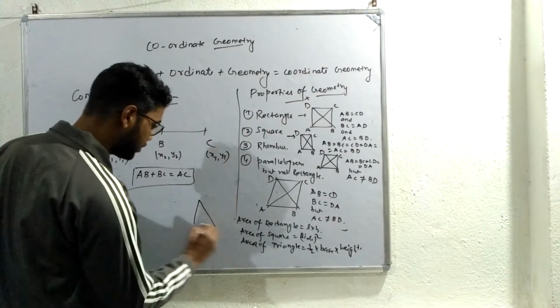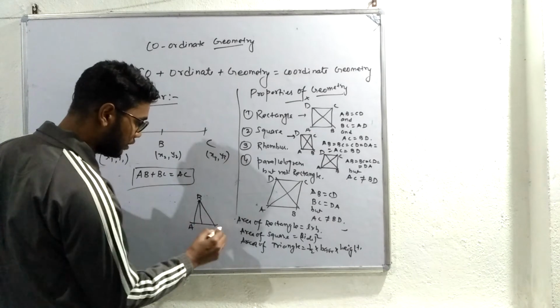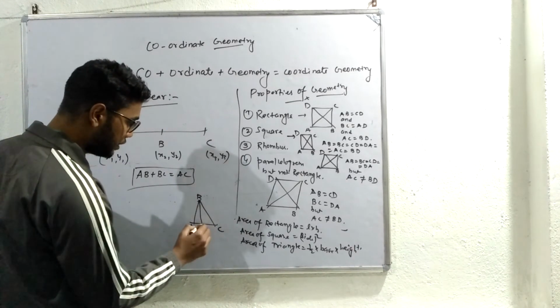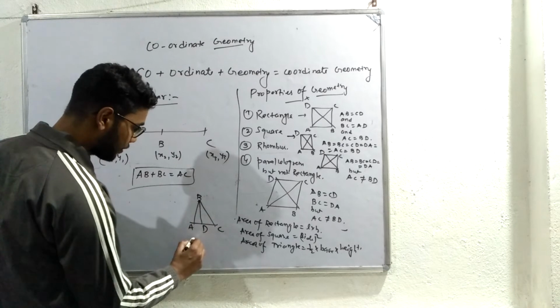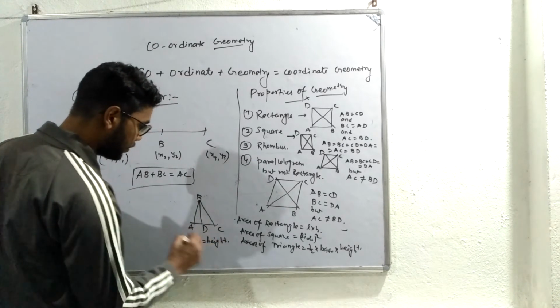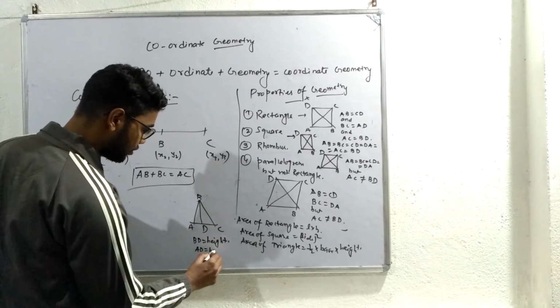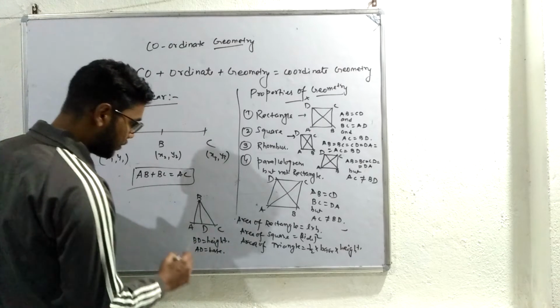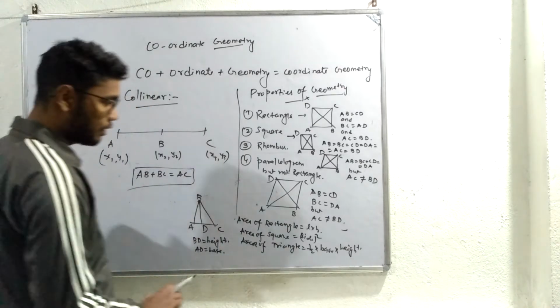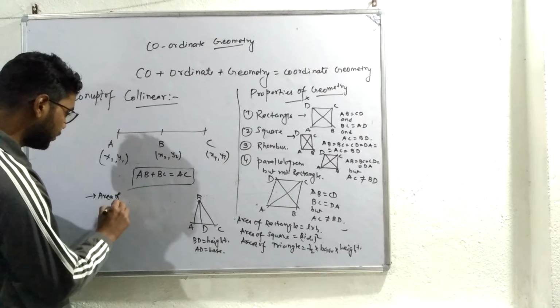Take a triangle ABC, where BD is the height of the triangle and AD is the base. One more thing is the area of an equilateral triangle.